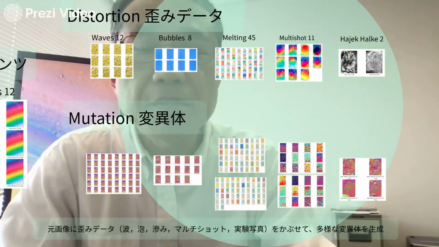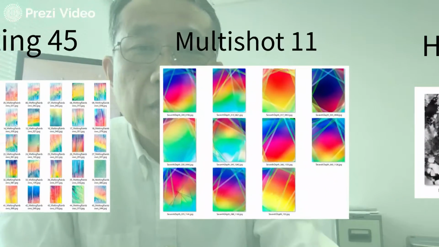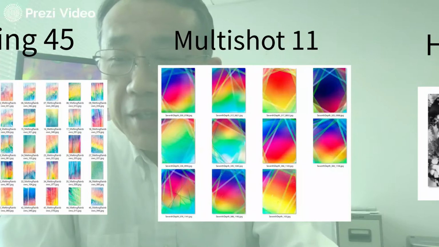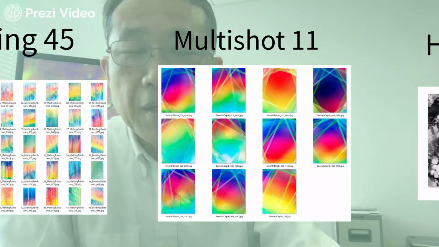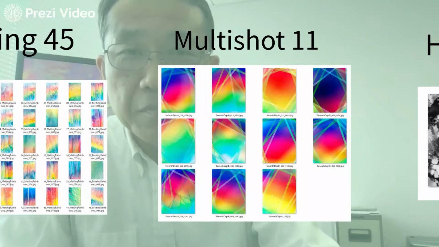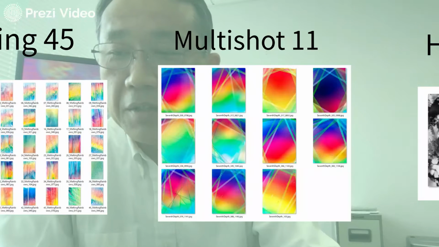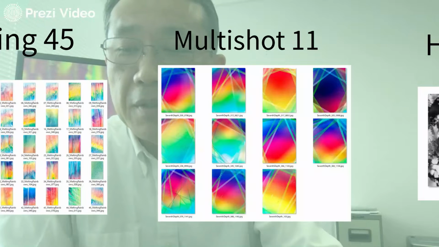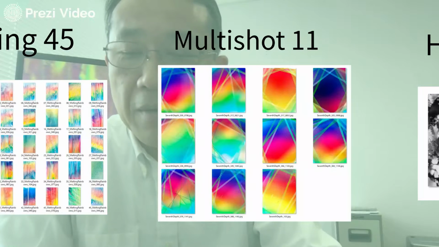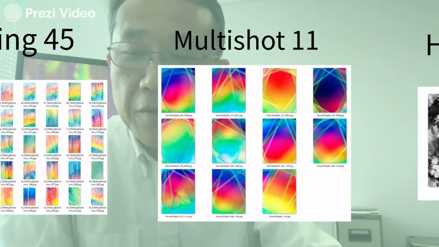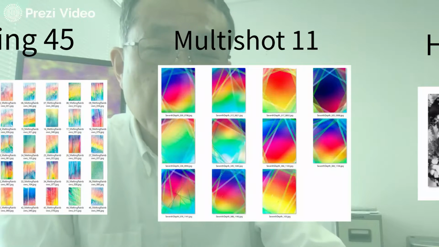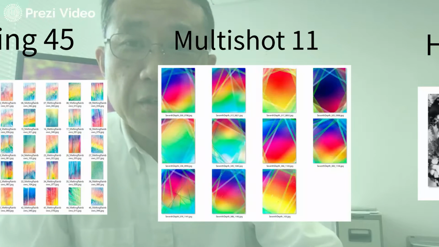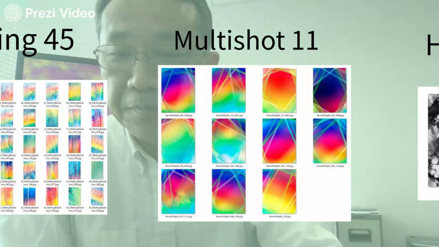And next, we go to multi-shot distortion data. I use 11 multi-shot distortion data. What is multi-shot? When you use the multi-shot camera function, normally you take continuous motion like athlete motion in sports.